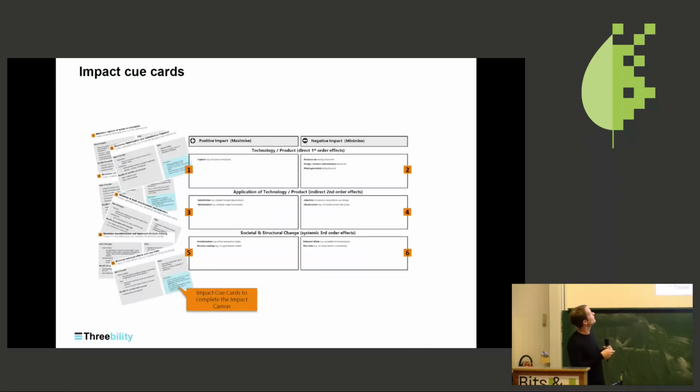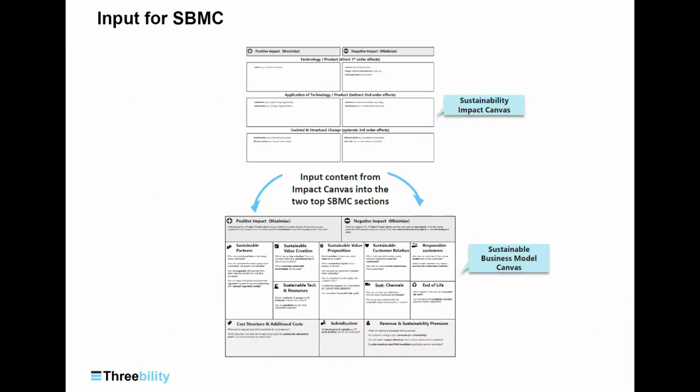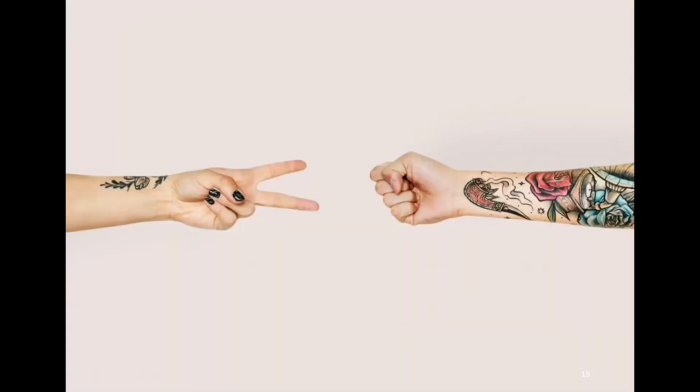For this tool, we developed a number of example cards for each area for users to simply remind themselves which possible impacts could be generated in each of these 6 fields. And then the sustainable impact canvas can be used actually to feed and generate the impact for the sustainable business model canvas.